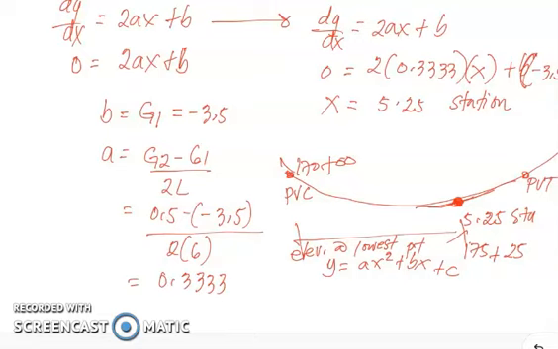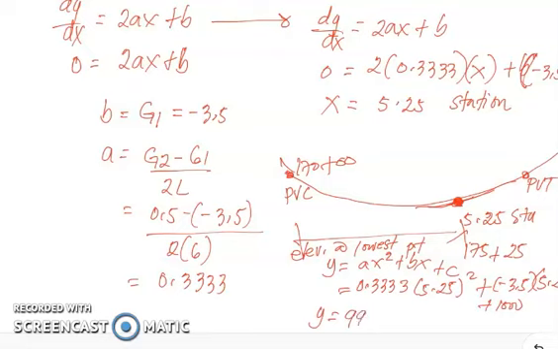So this will be equivalent to 0.333 times x squared, where x is 5.25 squared, plus b, which is negative 3.5 times 5.25, plus c, which is the elevation at PVC, 1,000. If we simplify, y, the elevation at the lowest point, is 990.81 feet.